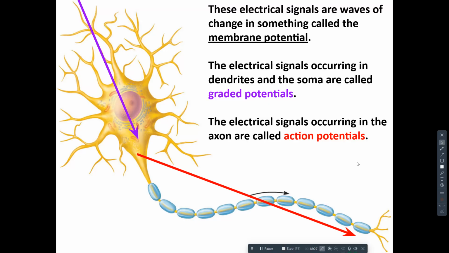The dominoes themselves aren't moving very much, but there is a wave of movement along the line of dominoes. We'll talk more about this, and we'll explain what we mean by membrane potential. Now, the electrical signals that happen in dendrites and in the soma are called graded potentials, whereas the electrical signals happening in the axon are known as action potentials.